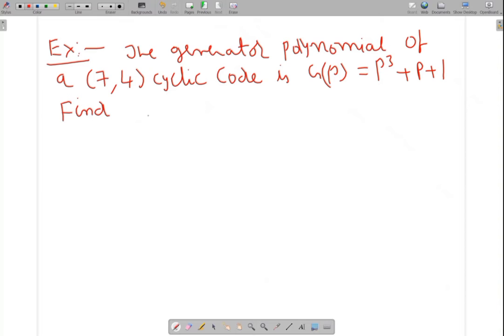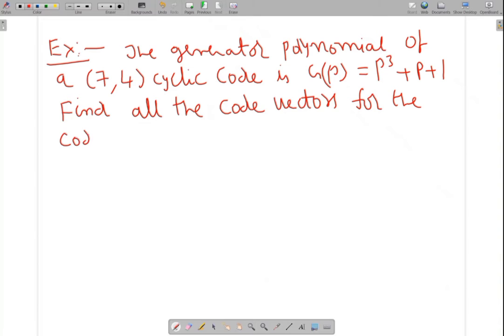Find all the code vectors for the code in non-systematic form. Solution.